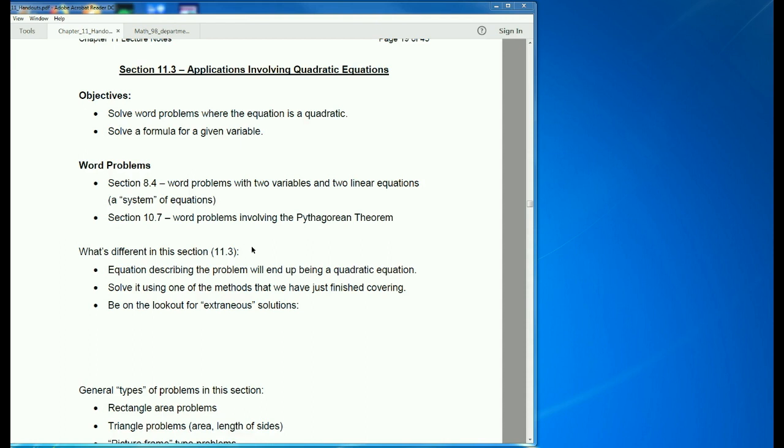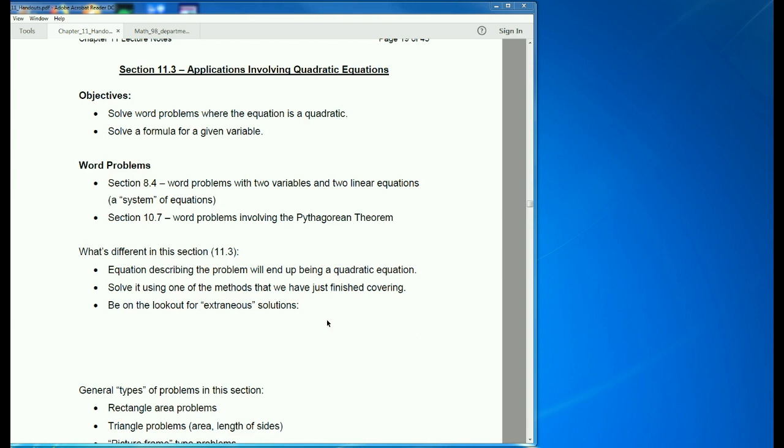So what's different in this section from what you are reviewing in section 8.4 is that when you write the equation describing the problem, it's going to be a quadratic equation instead of a system of linear equations. You're going to solve it using one of the methods we just finished covering. And just a comment that you need to be on the lookout for extraneous solutions.